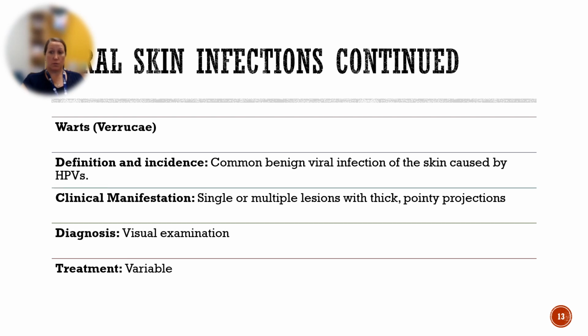Transmission is probably through direct contact, but auto-inoculation is possible. Warts may appear singly or as multiple lesions with thick white surfaces containing many pointed projections. The clinical manifestations depend on the type of wart and its location.